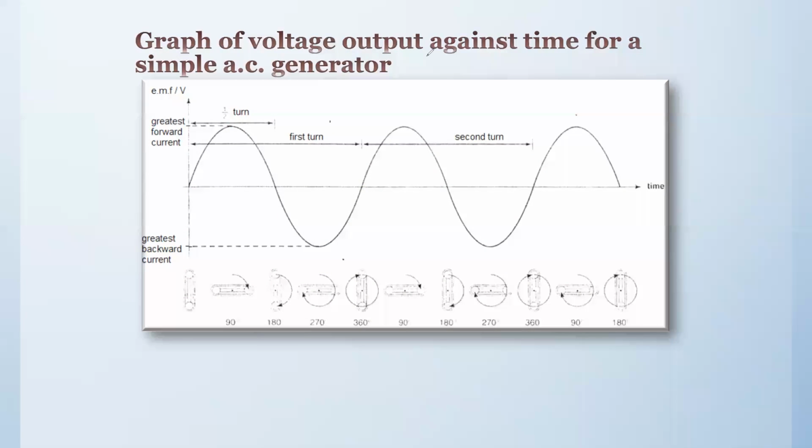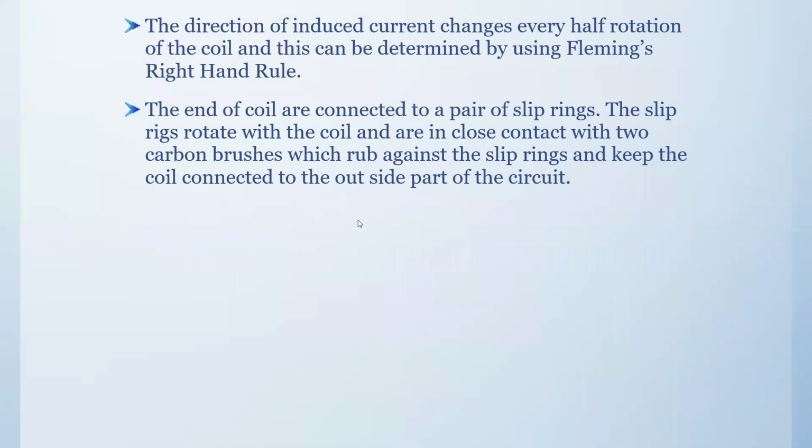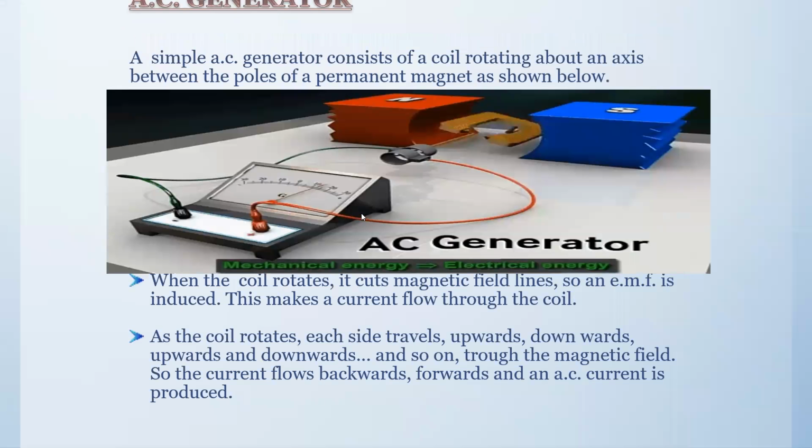Why is the direction of the current changing continuously? Because the sides are changing. For example, if I label this side as A and this side as B, when the coil rotates, it turns around, so A changes position with B and B takes the position of A. So the direction of A and B changes with reference to the poles.